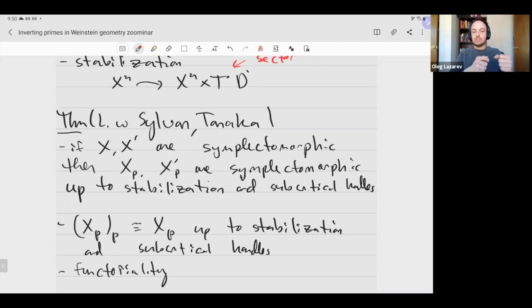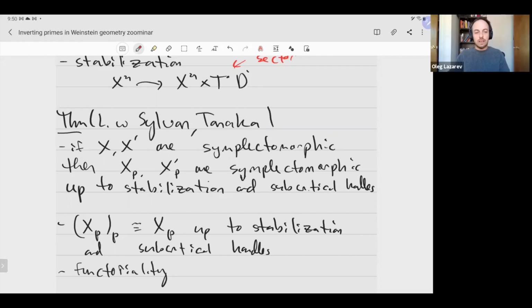So you pick two presentations of X, you apply this XP, which a priori depends on the presentation, but you prove a posteriori that it's actually the same up to stabilization and subcriticals. Furthermore, we have idempotency, again, up to stabilization and subcriticals. And we have a form of functoriality for this operation. So in fact, it gives a functor from Weinstein domains up to stabilization and subcriticals to Weinstein domains up to stabilization and subcriticals.